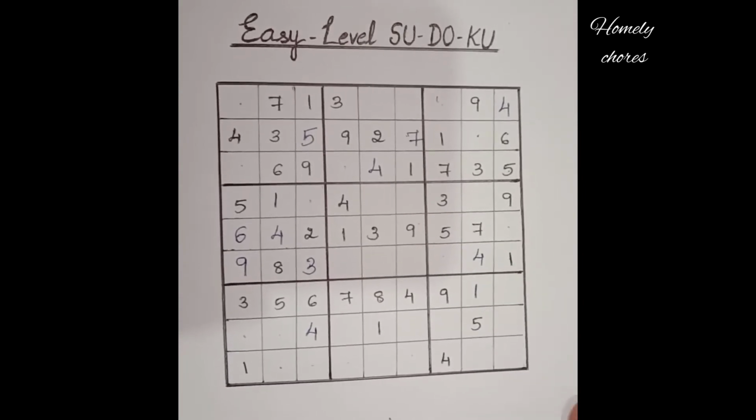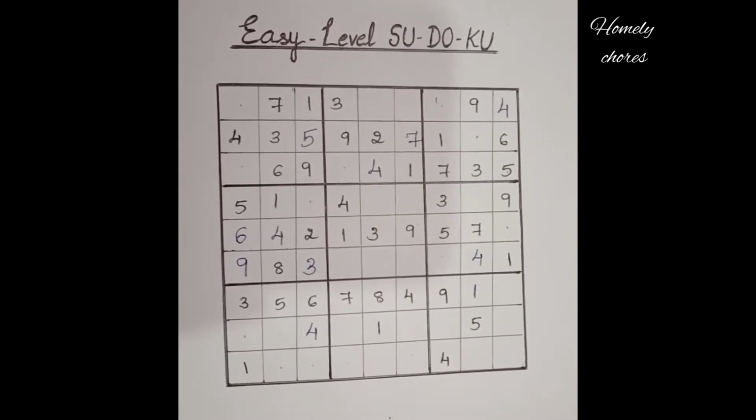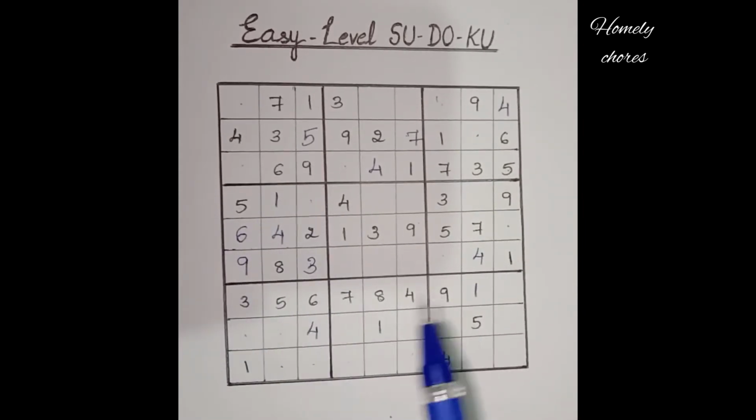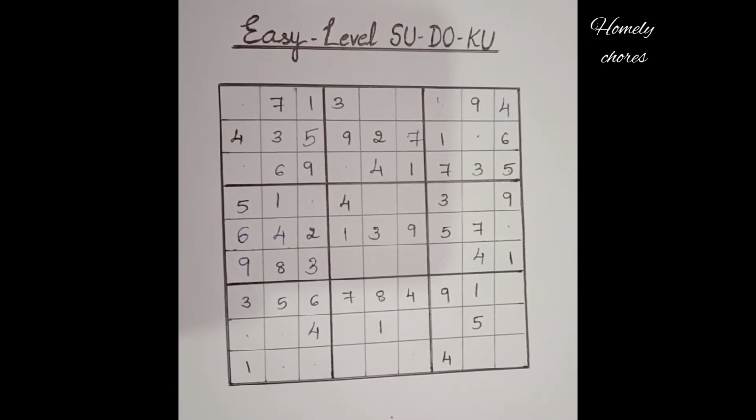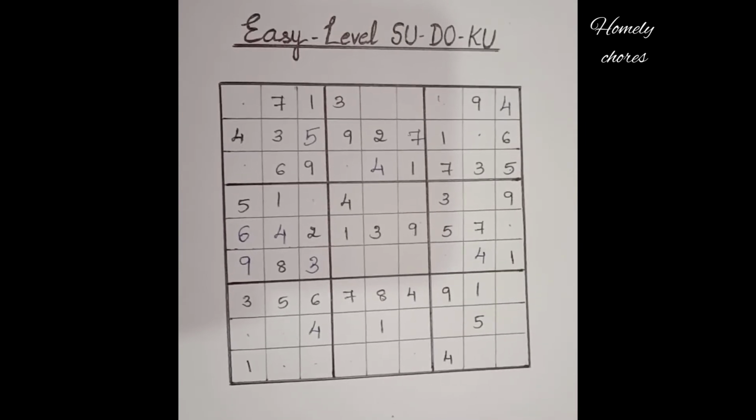Now the second step is you have to check each grid, each row and each column left with single numbers and fill it with the unrepeated number.